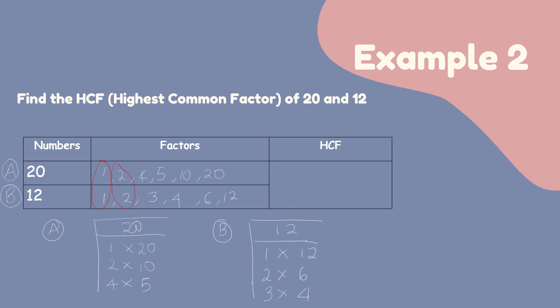We don't have a 3 in 20, but we do have a 4. Next, the numbers aren't really matched. So those are the matched pairs of the two factors. We want the highest. So between 1, 2, and 4, the highest number is obviously 4. And the answer is 4.